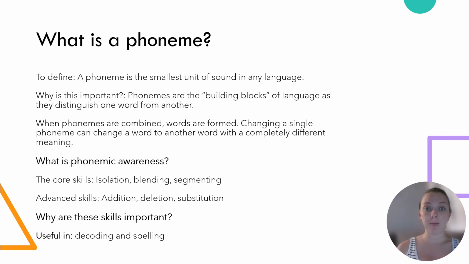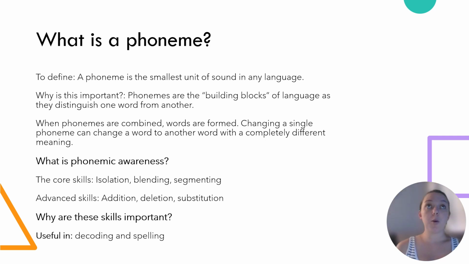And what do you get? Smile. Yep. And then deletion is just the opposite of that. I'm going to give you a word, smile. Take the phoneme s off of it. Now what do you have? Mile. Yep.